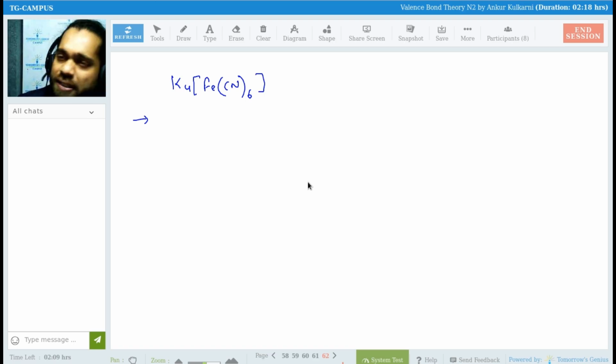Same rule, same thing. What do we call this which is outside our coordination sphere? This is your coordination sphere and the elements outside the coordination sphere. What do we call them? Correct.